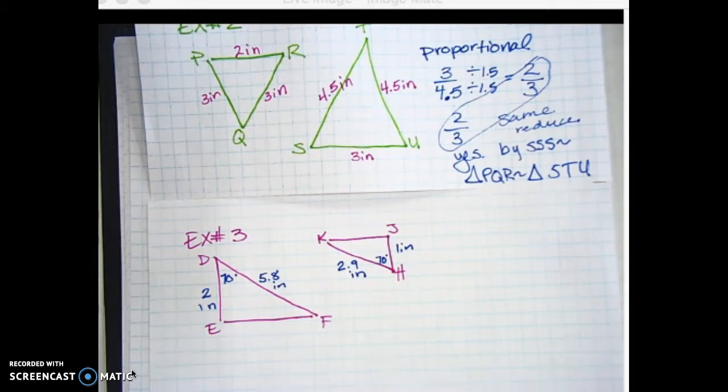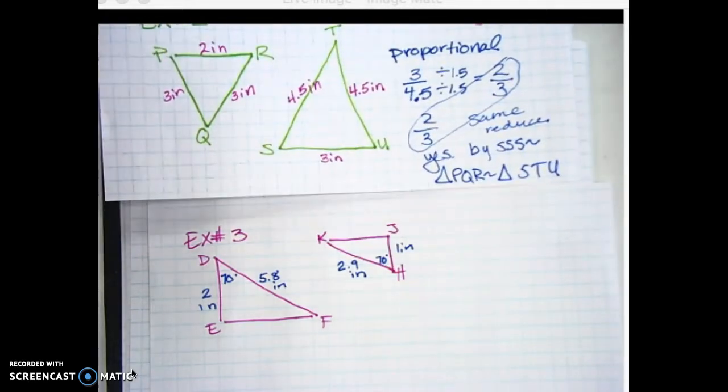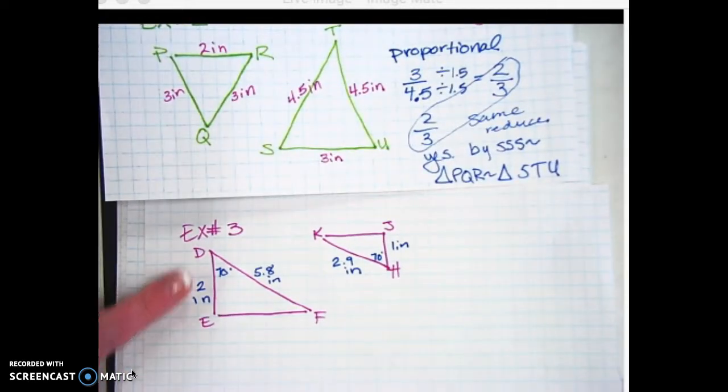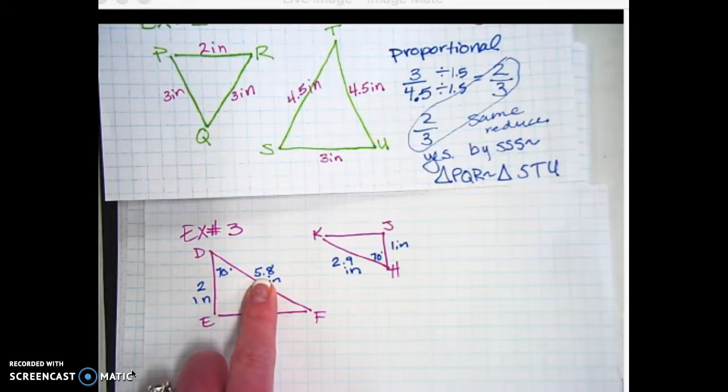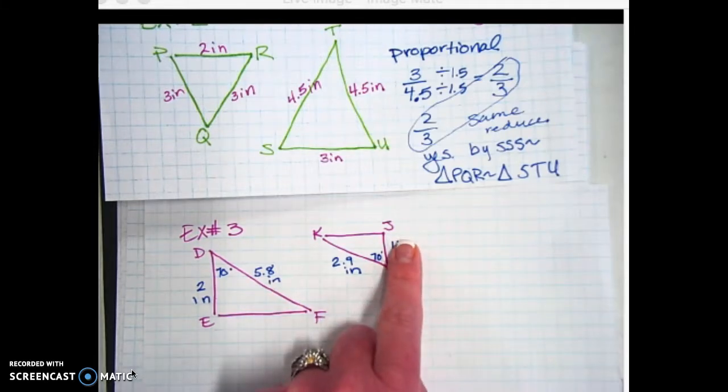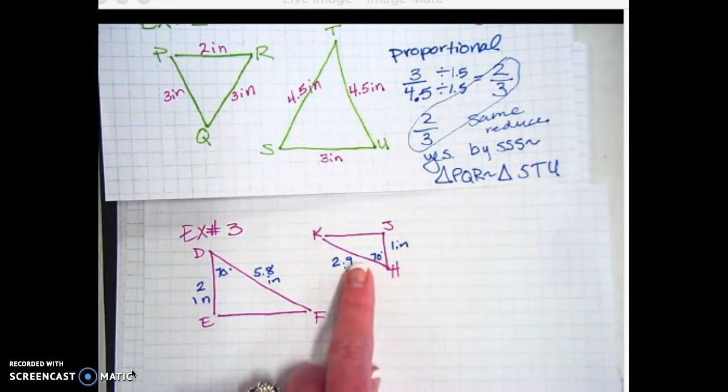All right, so the second triangle is obviously rotated or turned, okay? So first thing you want to do is make a mental note of what all is labeled. So on this one, we have a side, an angle that's in between them, right? Remember that angle always needs to be included if that angle is in the middle, and then a side. Same thing on this triangle, a side, and then an angle, and then a side.